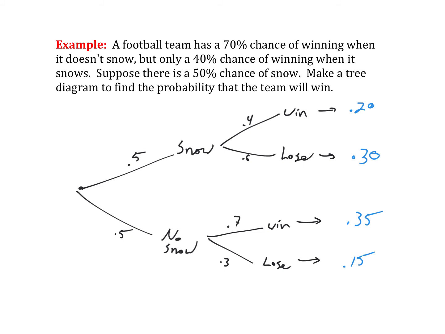And this question is asking, what is the probability that the team will win? Well, the team can win in two different scenarios. Either it's snowing and they win, or it's not snowing and they win. So I would add these two probabilities.